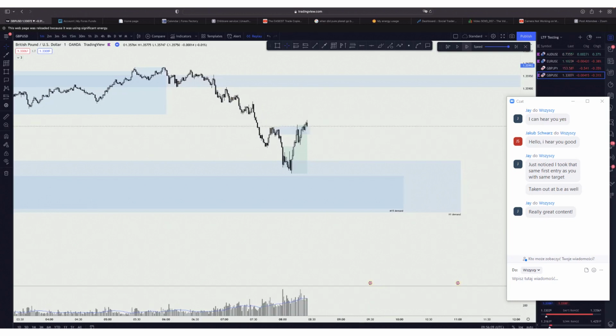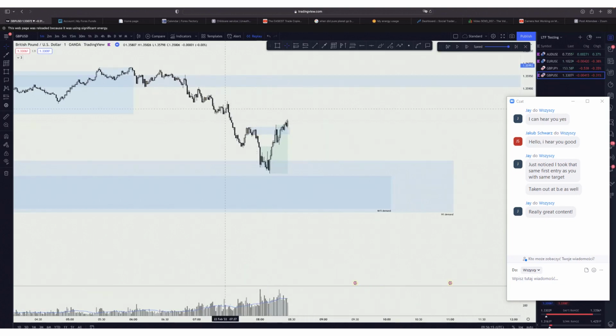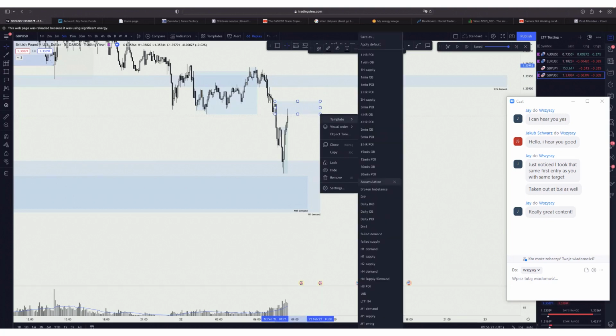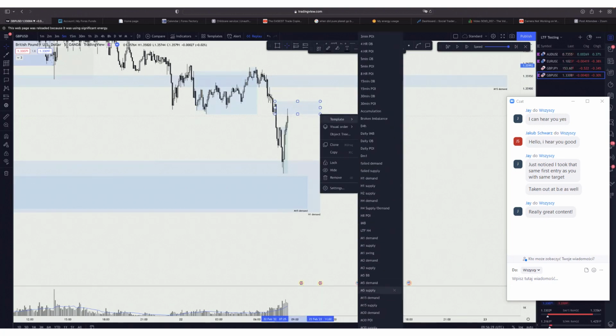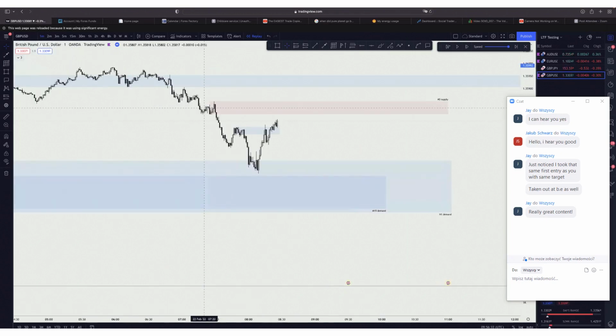Okay, so we've broken that 1-minute supply, a 1-minute break of structure. There is another one here. Let's have a look on the 5-minute. Right, we've got a 5-minute supply there, which might hold price, and another supply and another.